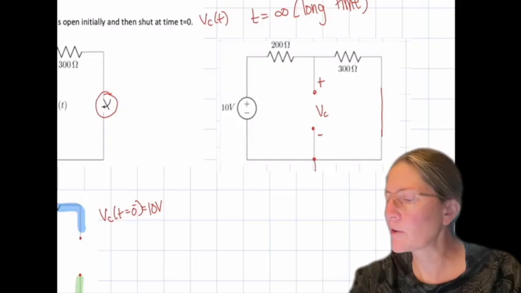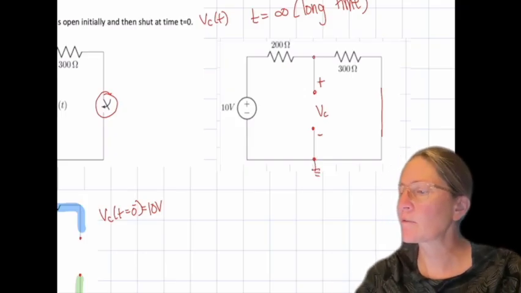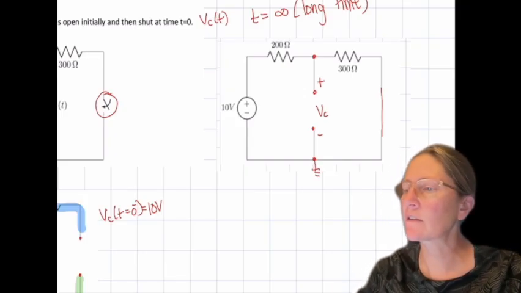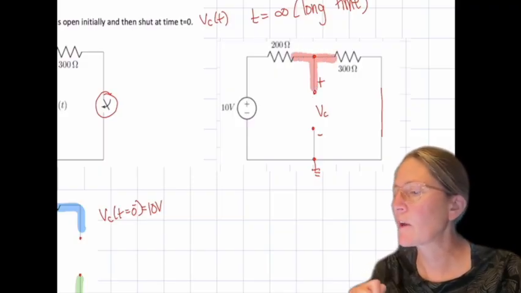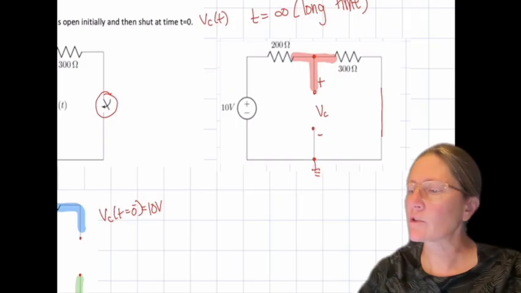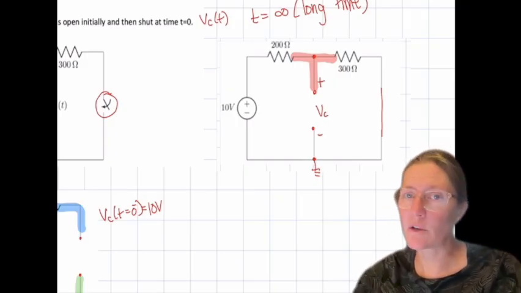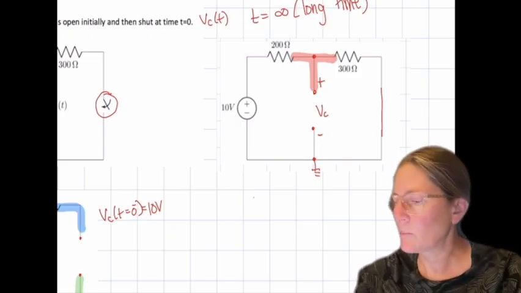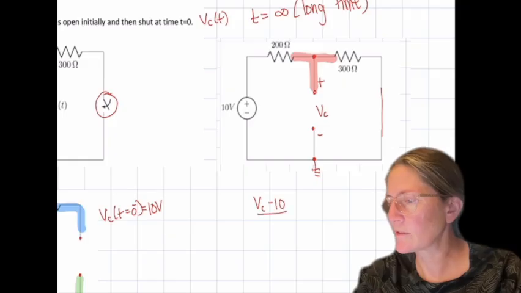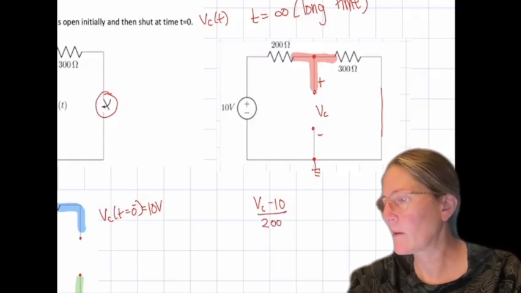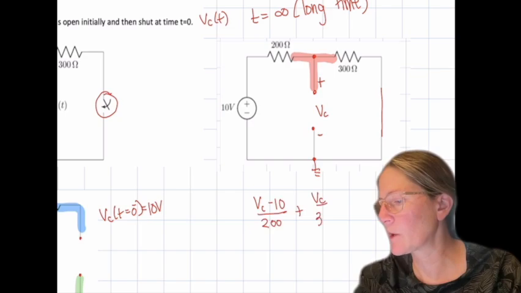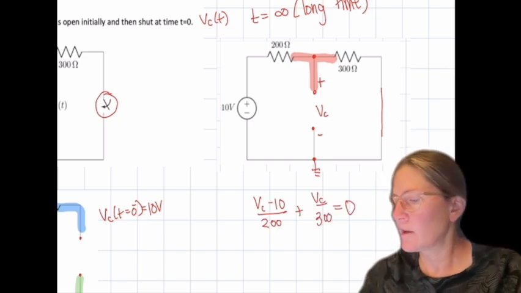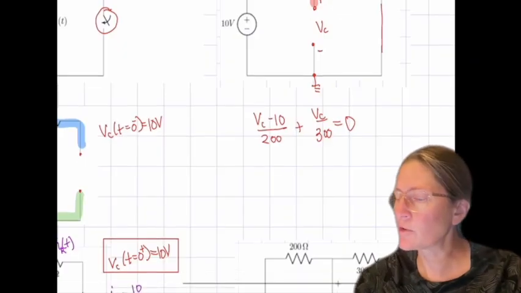If I ground this one, then I'm going to find the voltage at this node location. I can do node voltage, or I can notice that it's the voltage across the 300 ohms, but either way, it will result in the same value. So Vc over 300 and Vc minus 10 over 200.